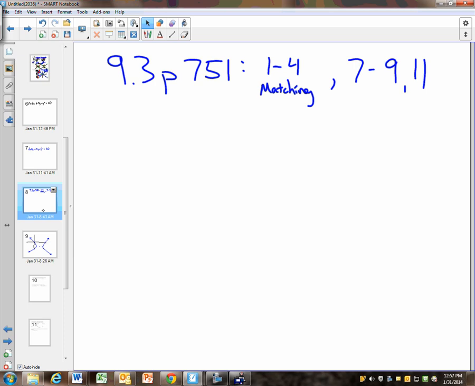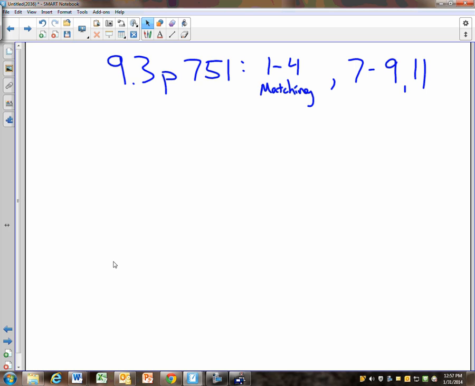Here you go. So, assignment. 1 through 4 are matching. And then 7 through 9 and 11 are drawing the graphs. 3 of them you can check in the back of the book to make sure you did it right. Please stay on top of your homework. Please, please, please.